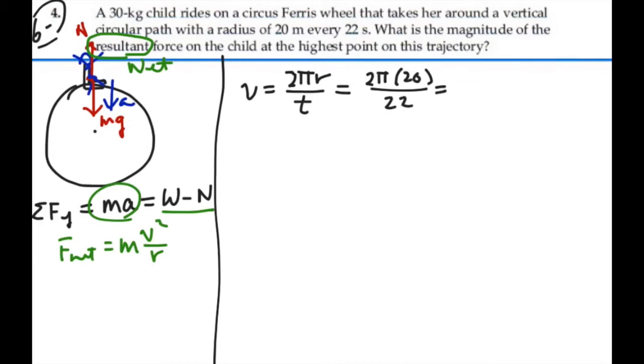Hence her speed, her velocity, is 5.71 meters per second. So that's the velocity we need for our centripetal force.